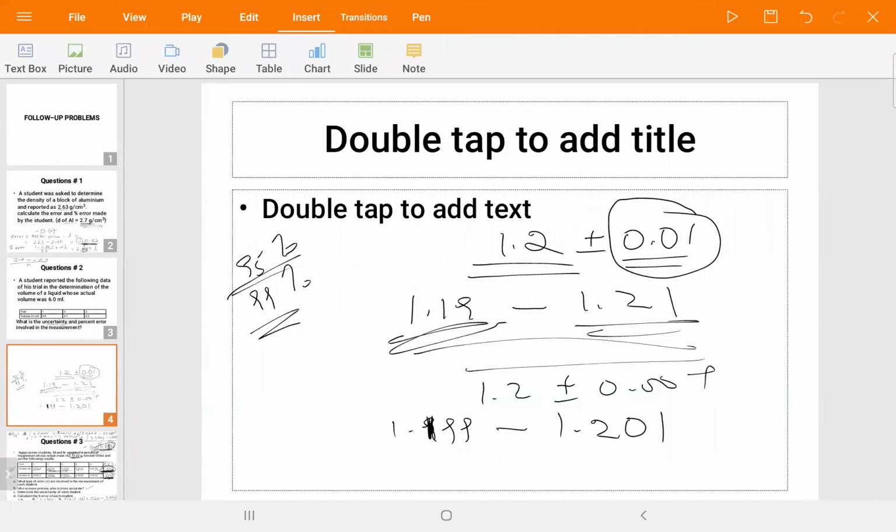I think we will learn about this next session: the more significant figures you have, the more precise your measurement is. So under the same condition I can be certain that your measurement will lie between these two values. So this is what uncertainty means.